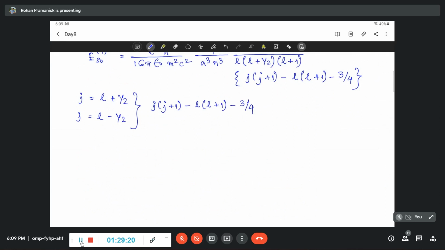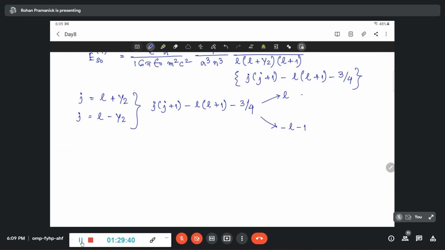For j equals L plus half, you will get L, and for j equals L minus half, you will get minus L minus 1.